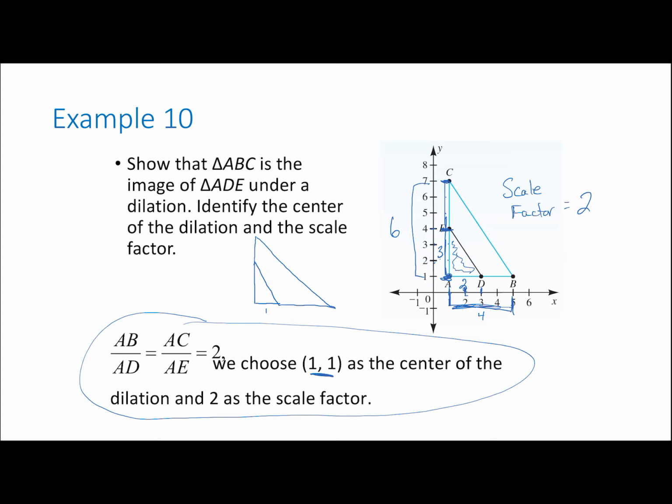Because this length and this length are not going to be proportional to this length and this length. And so you have to show that everything is changing by the same proportion, in this case a scale factor of 2, where here that doesn't work. Okay, so just to help you see how we show it's a dilation, we have to show that everything is proportionally increasing or decreasing. Again, if you have questions about that one, let me know.